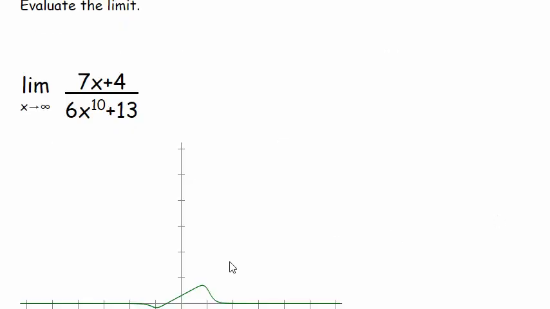Okay, now if you look at the graph, look what's happening to the graph here as x goes out. Now we're heading out in this direction. We will look at some going back in this direction, but you can see here that the graph starts getting closer and closer and closer to the x-axis. In other words, the y value is approaching 0 as x gets larger and larger.